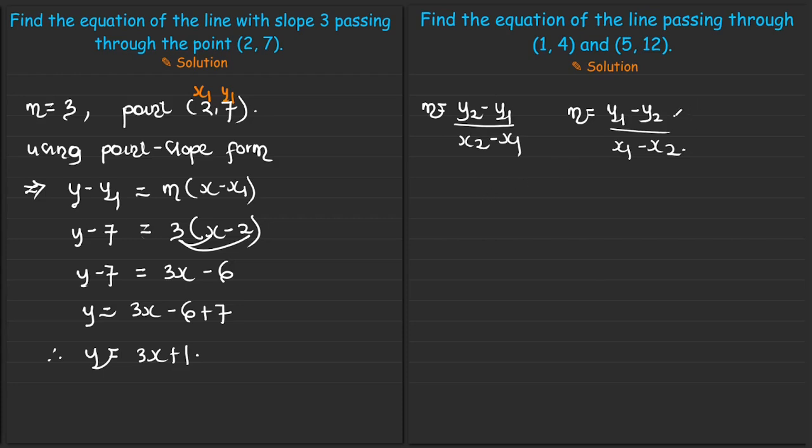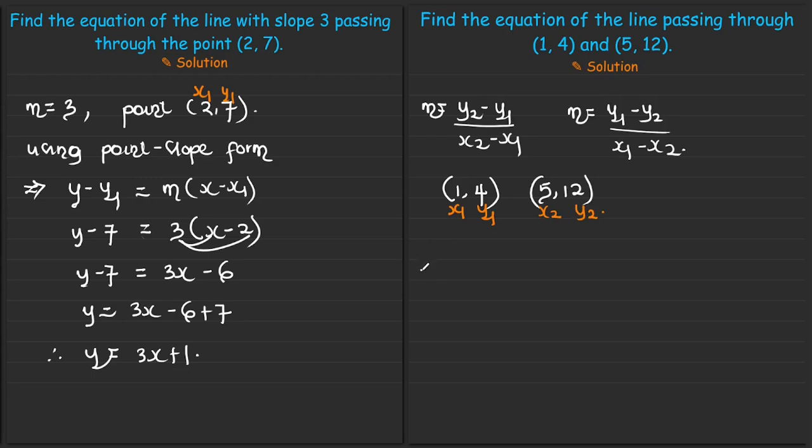Let's use this for now. We need to identify which is going to be our x1, y1, and then x2, y2. So with the points (1, 4) and (5, 12), this is going to be my x1, y1, and then x2, y2.